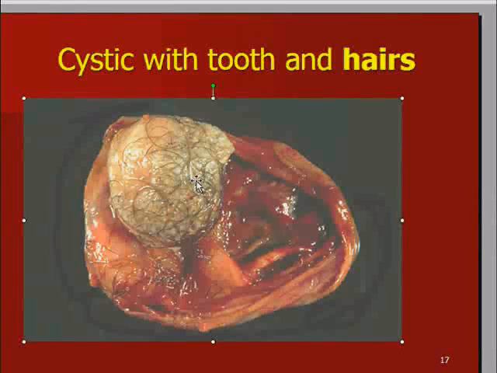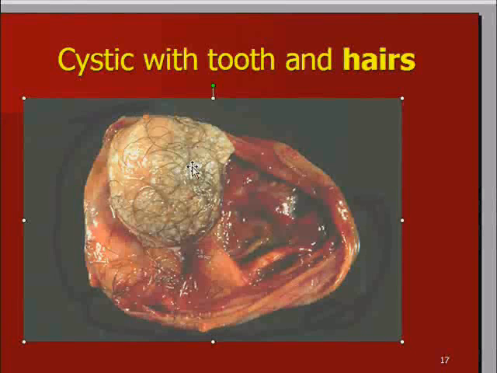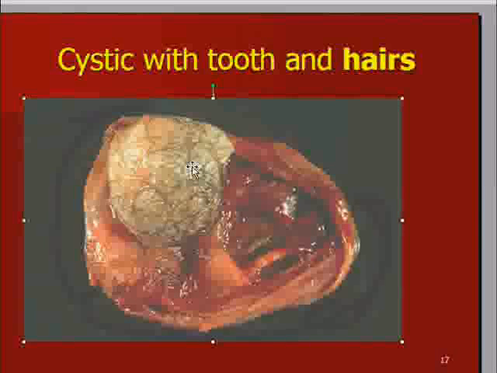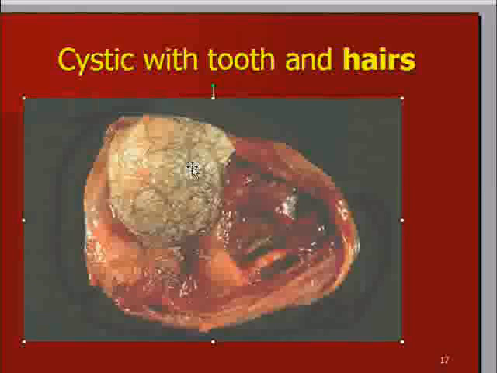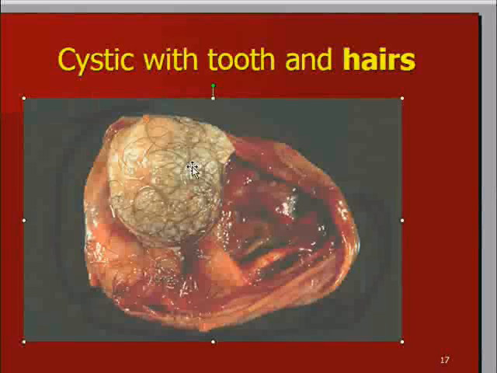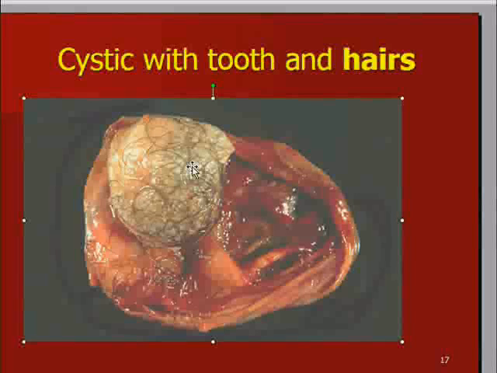And probably if you do some Google search, you can see the tooth-like structures. So the question is, which tumor of the ovary contains hair and tooth-like structures? What is the answer? The answer is benign cystic teratoma or mature teratoma or dermoid cyst.